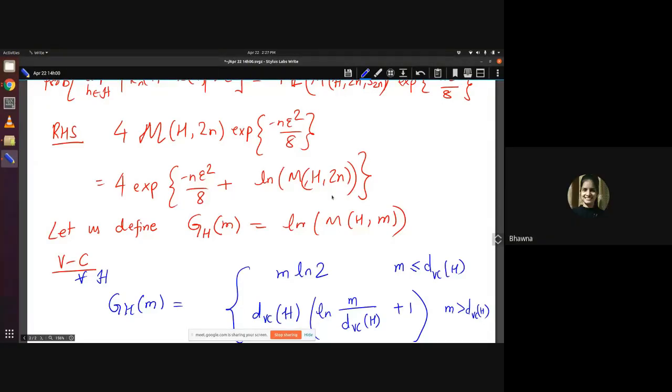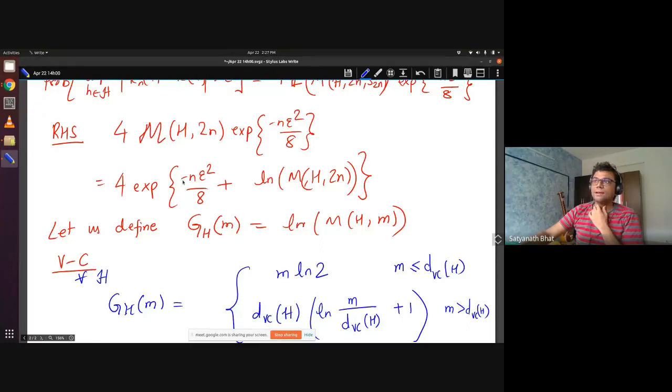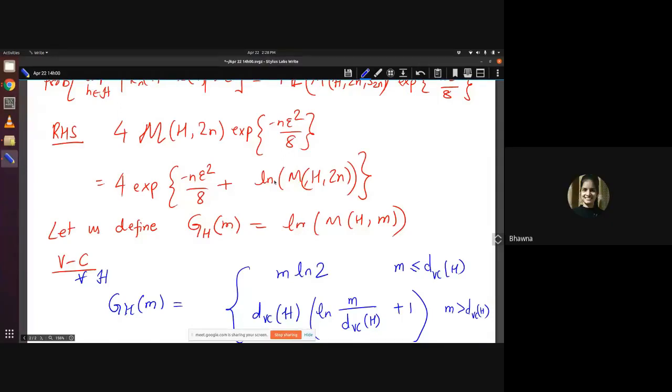Okay, yes, sir. So now once you have it, minus n epsilon square will beat positive ln n after some time. It will beat it for sure, right? You have seen that. The exponent will beat the polynomial, and the polynomial will beat the logarithm, right? Yes, sir.